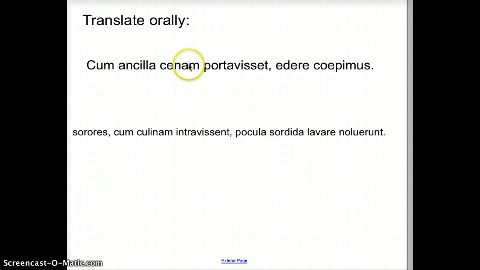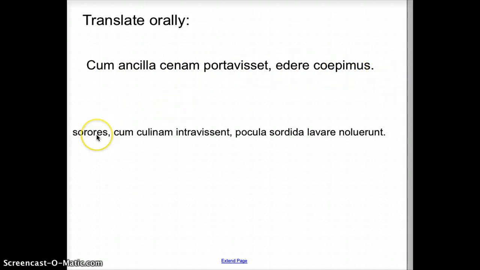So here are some examples. Cum ancilla cenam portavisset, edere coepimus. So take a minute and pause this video and try to translate that. Did you try? Okay, it would be translated as, when the girl had carried the dinner, we began to eat.